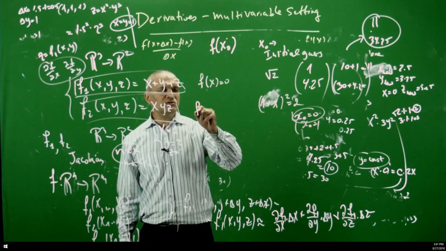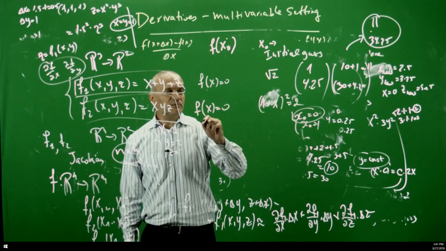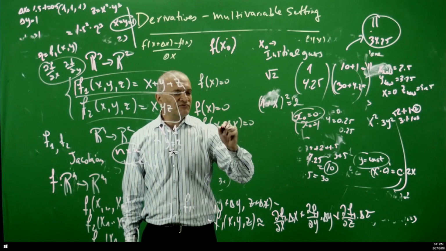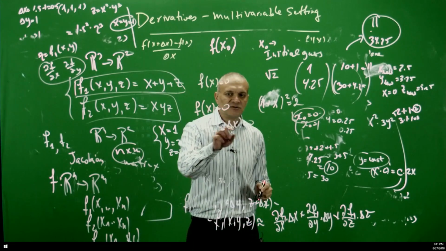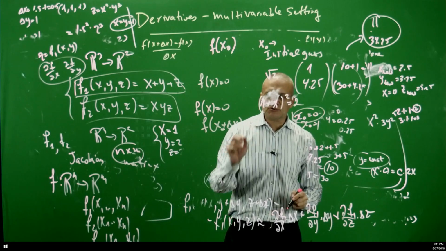Now, how do we find the next point? We said that we want to approximate the equation f of x equals 0 with the equation f of x0 plus delta x equals 0. So we want to take our initial guess and move it so that it will be closer to 0.